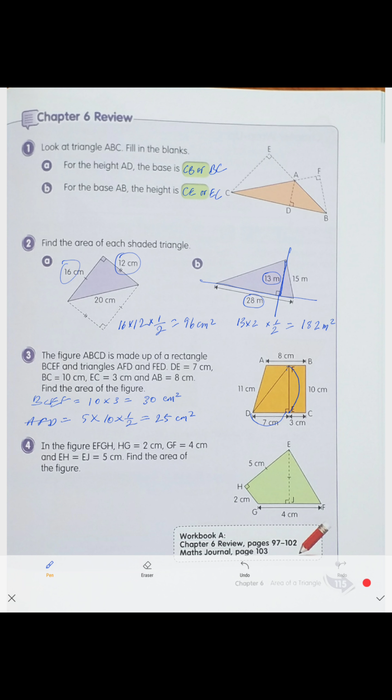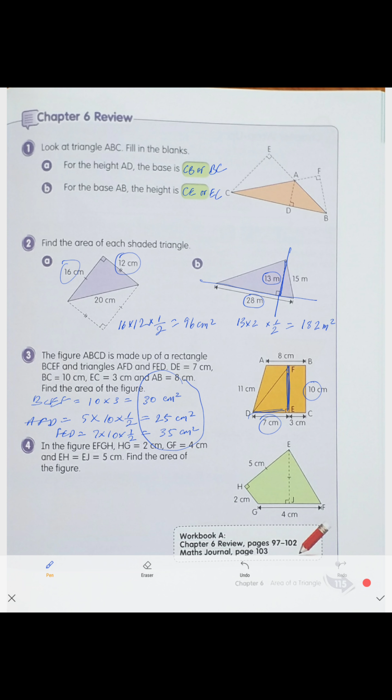So we multiply them, 7 and 10. FED area is 7 times 10 times 1/2, 35 square centimeters.